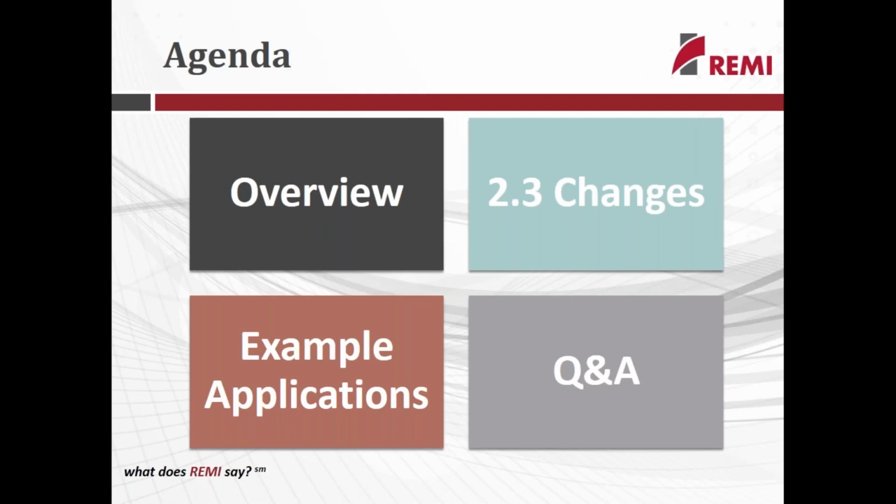Then we're going to get into example applications of some of the updates and improvements we've made to the software and how we expect to improve the value of the model to economic development professionals, analysts, researchers alike. And then we're going to finish up with some Q&A.